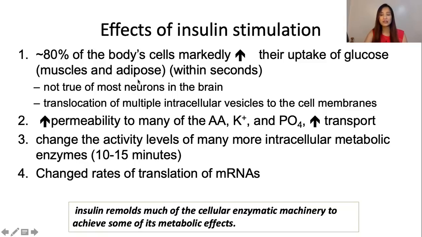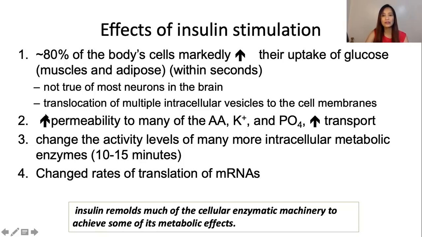There is an exception: the neurons in the brain. Brain cells do not need insulin in order to utilize glucose, because your brain is an obligate user of glucose.